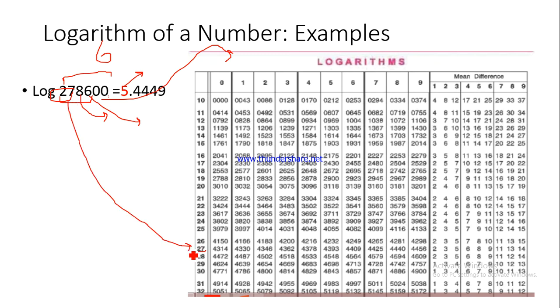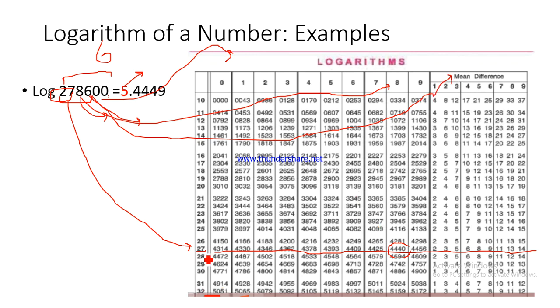You go to this column, move in this horizontal row, and you have to basically look for the value under 8. Since the third digit is 8, you have to look for the value under 8 in this particular row, right? So in this particular row, you know that it is 4440, fine. And since we have also been given 6, for the value you will have to look for the mean difference, right?